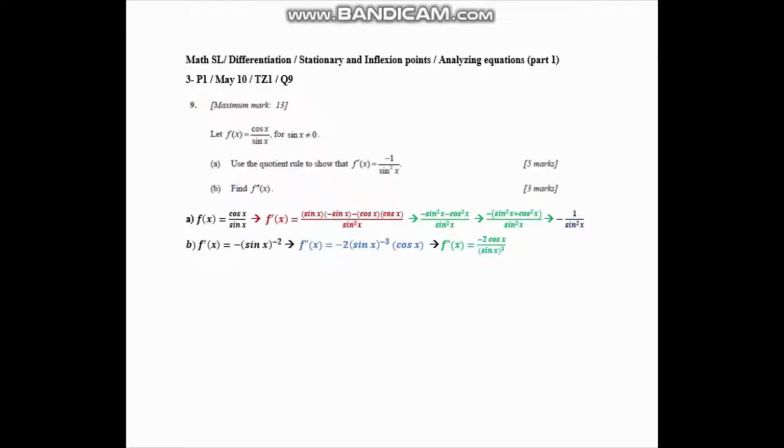So question A requires us to use the quotient rule to find f dash and show that it is the same as what they have written. This is a simple quotient rule problem. I have cosine x over sine x. I use vu dash minus uv dash over v squared. And for reference, you can access older videos that tackle product and quotient rules.